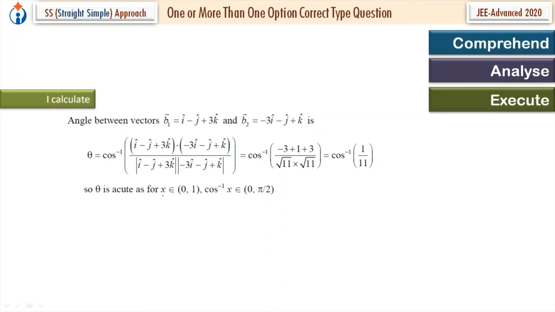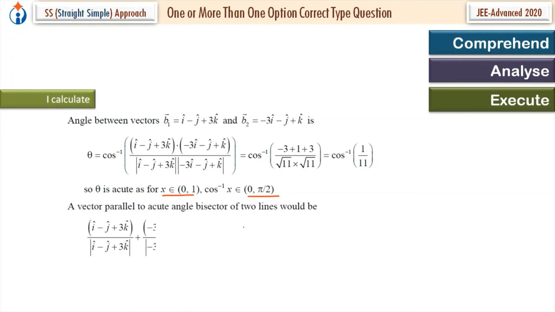As theta is acute for cos inverse x, if x is from 0 to 1, the angle cos inverse x is from 0 to pi by 2. So a vector parallel to acute angle bisector of two lines would be with plus sign here: B1 vector upon magnitude of vector B1 plus B2 vector upon magnitude of vector B2.